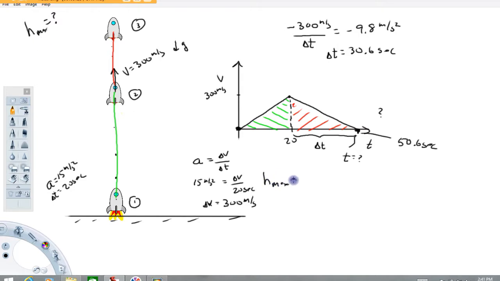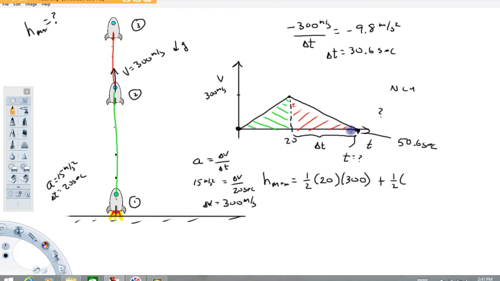hmax is going to equal the green area: 1/2 times the base, which is 20 seconds, and I'll put NCU here for note consistent units, times the height, 300 meters per second. Plus the red area: 1/2 times the base. Keep in mind the base is this distance, and it isn't 20, and it's also not 50.